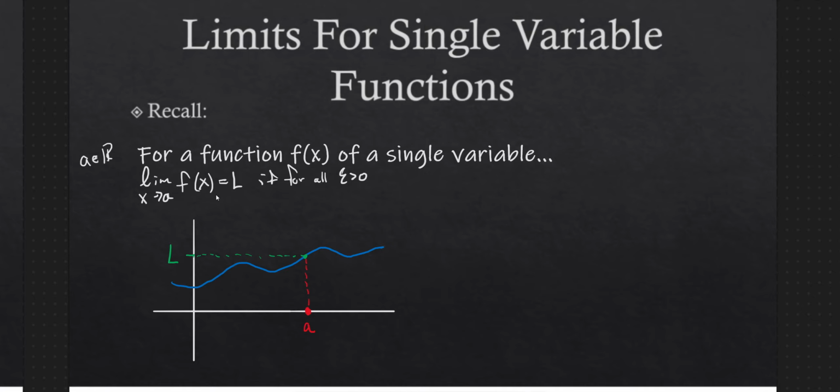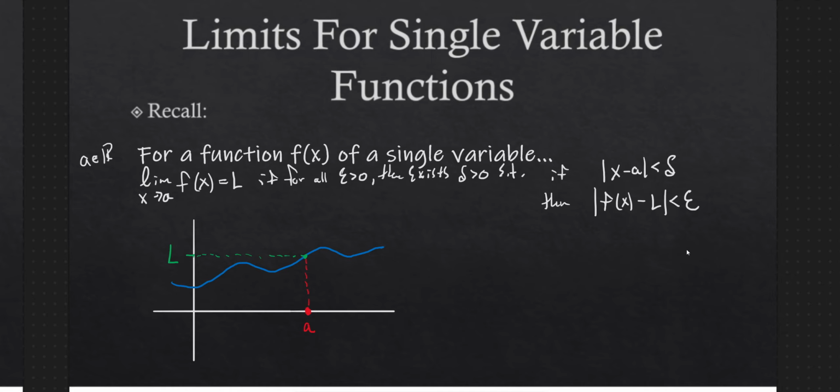So limit as x approaches a of f of x is equal to L if for all epsilon greater than 0 there exists delta greater than 0 such that if x is within delta units of a, then f of x, our outputs, are within epsilon units of L.